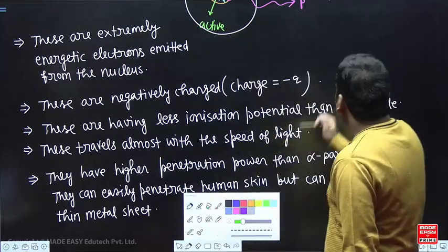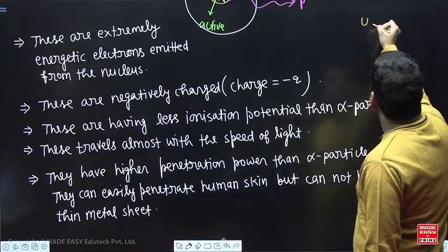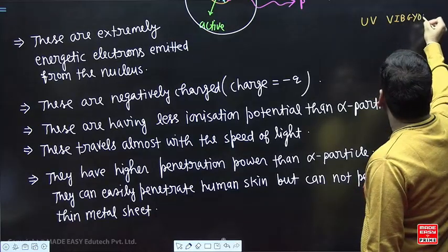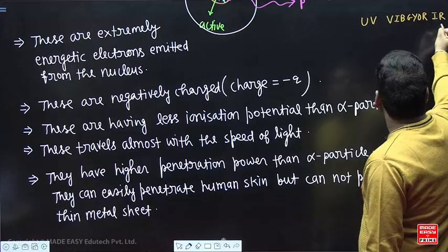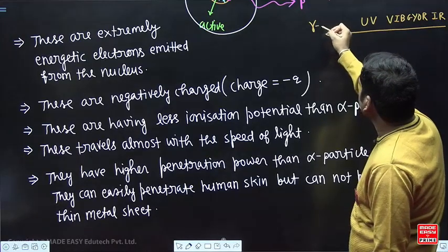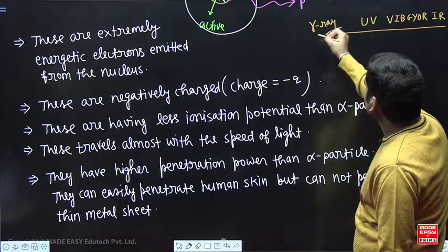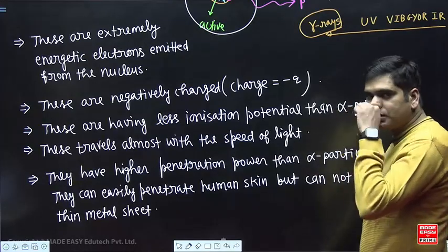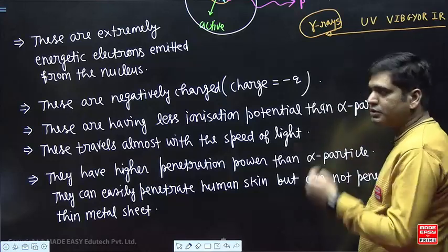Now you see, if you know the electromagnetic spectrum, we have UV, VIBGYOR, IR, like this. So in increasing frequency, at the highest frequency end we have gamma rays. So gamma rays are not particles, because these are basically high frequency electromagnetic waves.